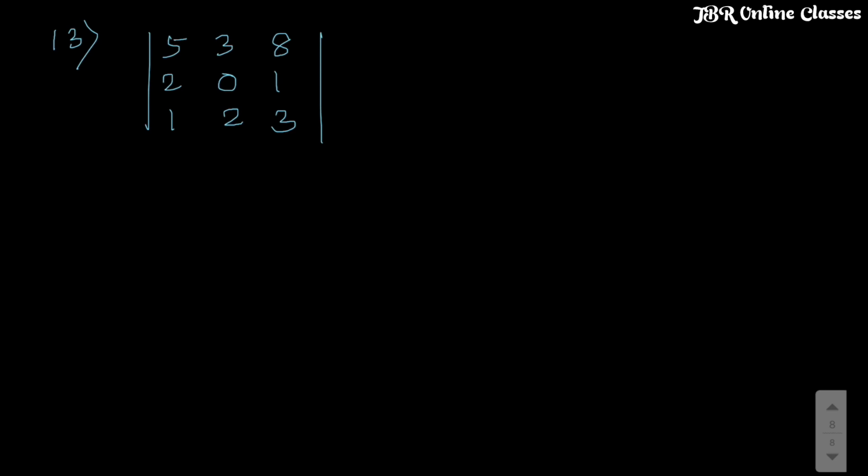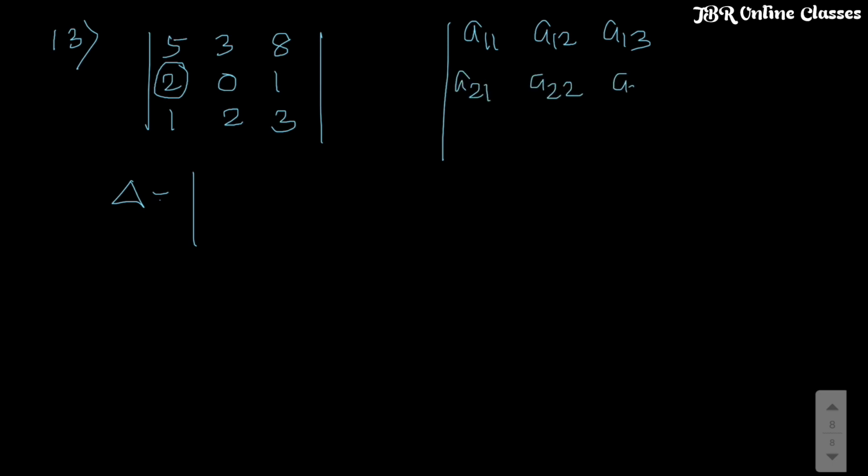You have to use the cofactors of the elements of the second row. So the second row element here will be 2, remember that. And you have to write down the positions: this one is 1 1, 1 2, 1 3, then 2 1, 2 2 and 2 3.